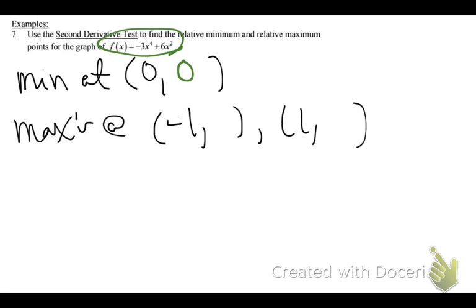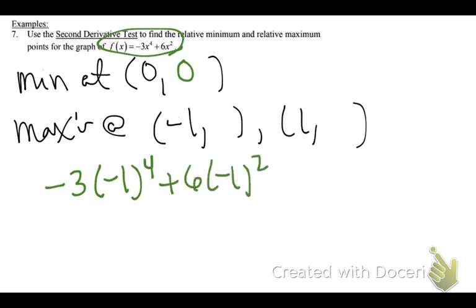Plugging -1 and 1 in is going to be the same because they're raised to even powers. So let's just do the negative. So that's -3 times -1 to the 4th plus 6 times -1 squared, which will give me -3 times +1 plus 6 times +1, or an output of 3.